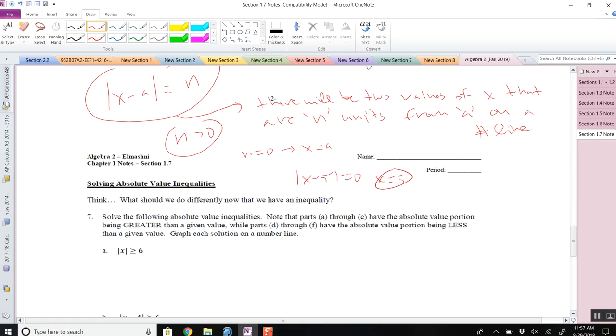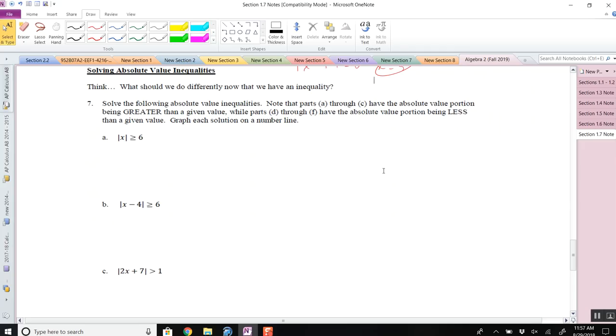So now we're going to get to inequalities. So how do we want to approach these? You're first going to do that, and then you're going to do this. The reason why is that, of course, x is more than 6.